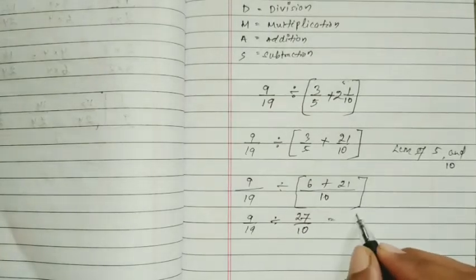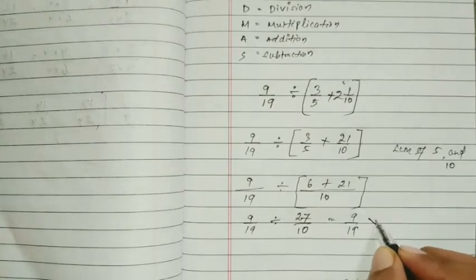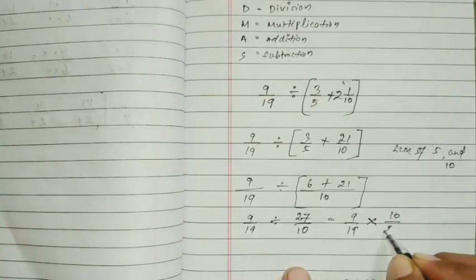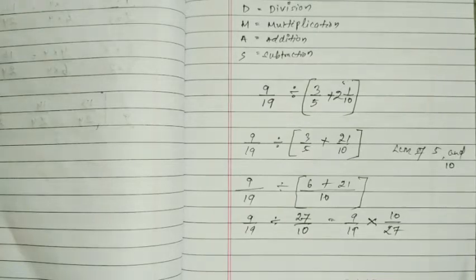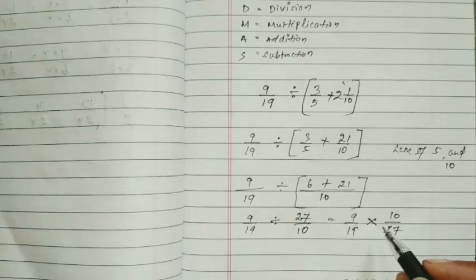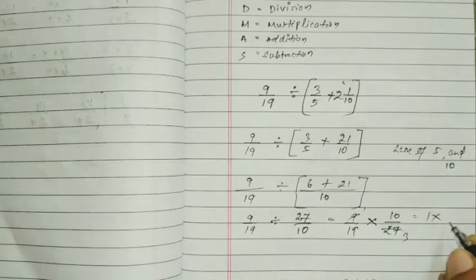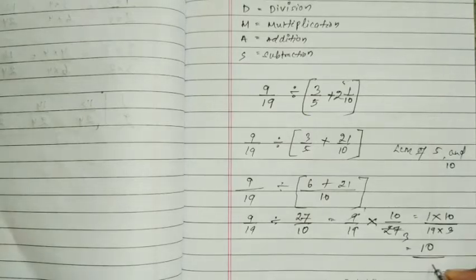So now what we have to do? 9 by 19, change the sign, then 10 by 27. So this 3, so 1 into 10 by 19 into 3, that is 10 by 57.